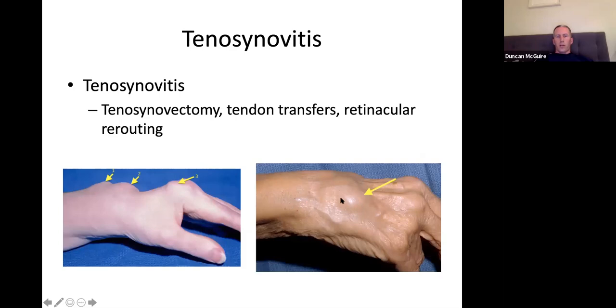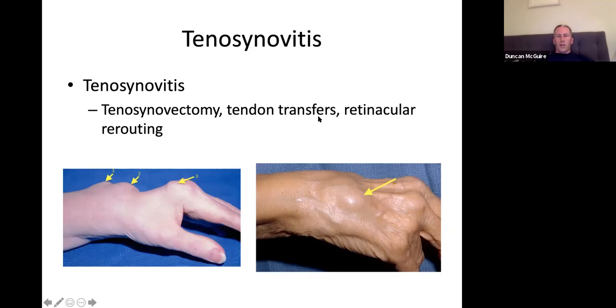That's where the synovitis bulges out from under the retinaculum both sides. It usually moves with the tendons as well, so with the flexion and extension of the fingers, these lumps do move as opposed to the ganglion where it doesn't. So you address this at the same time as you're doing the bony surgery, and that would be a tenosynovectomy.